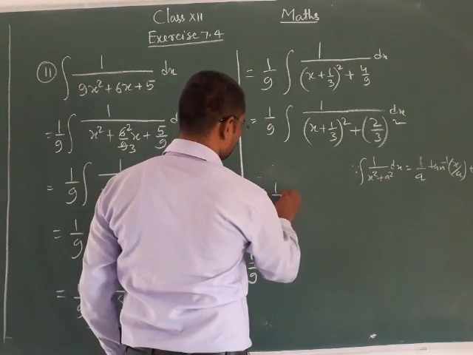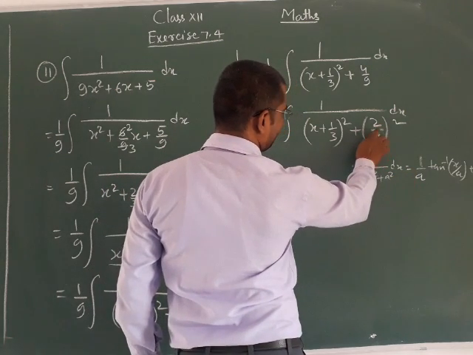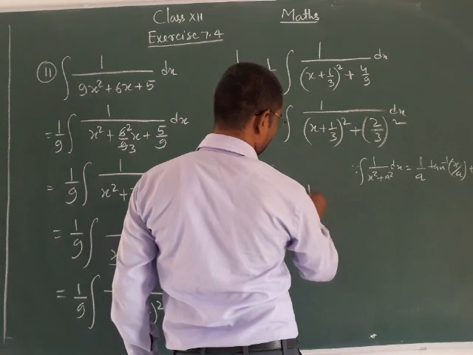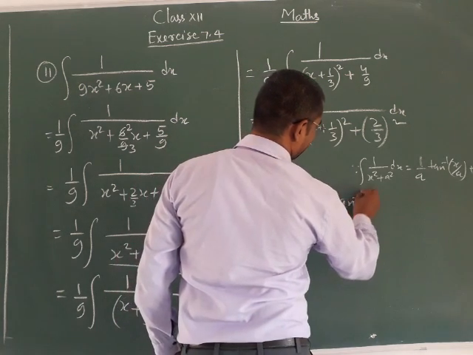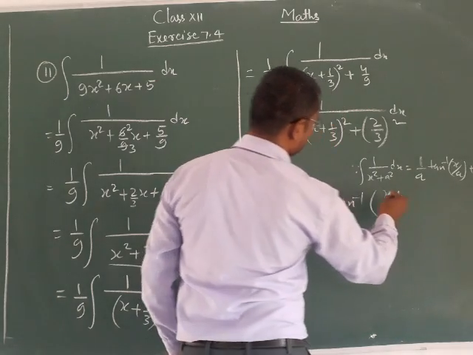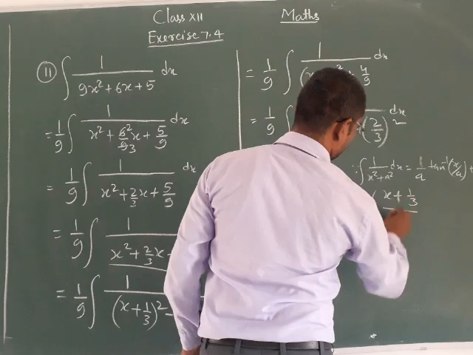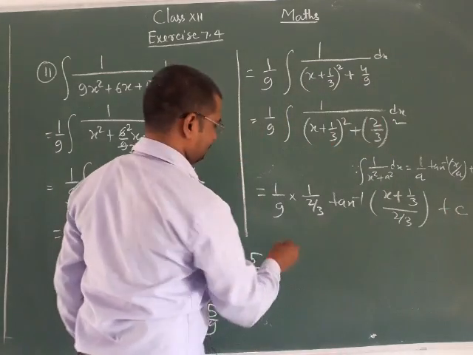So 1 upon 9 into 1 upon a means 2 by 3. So 1 upon 2 by 3 and tan inverse x plus 1 upon 3 upon a, 2 upon 3, plus c.